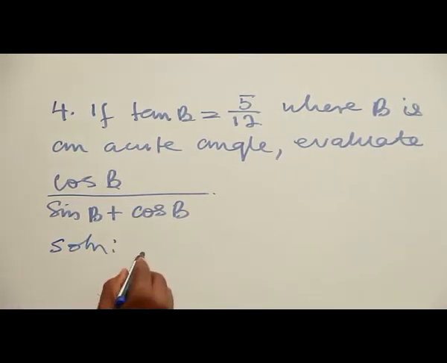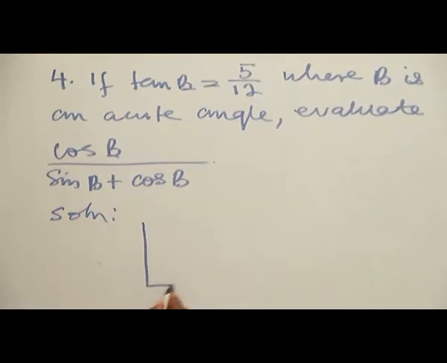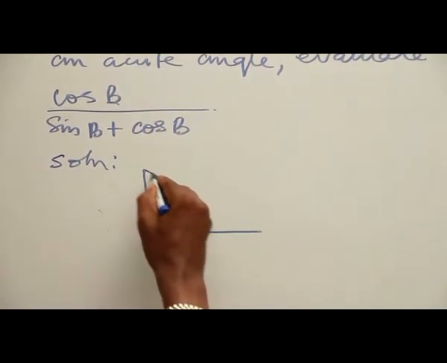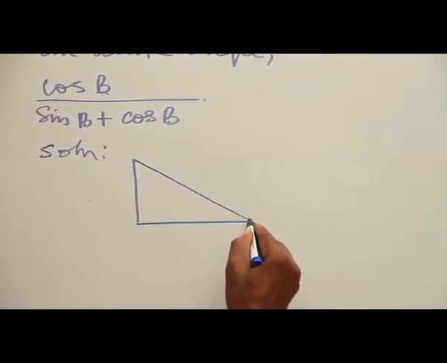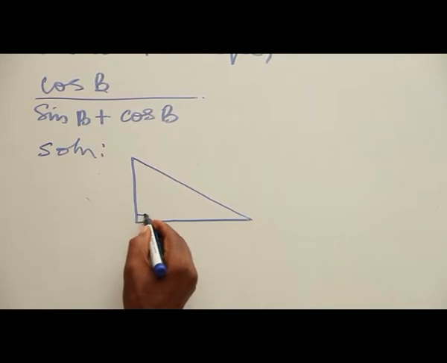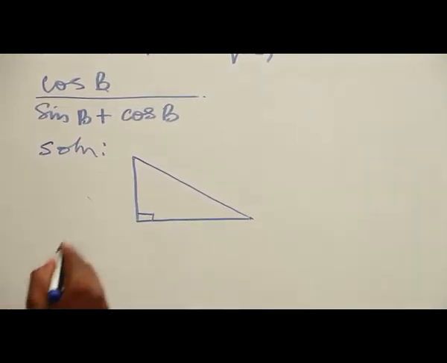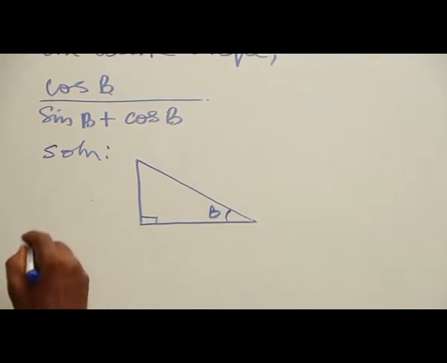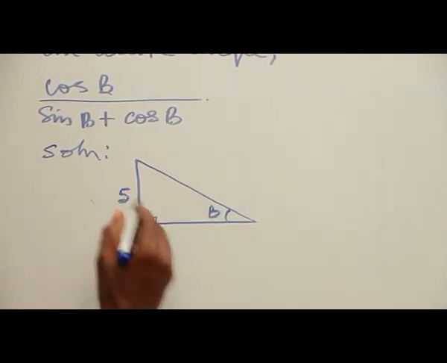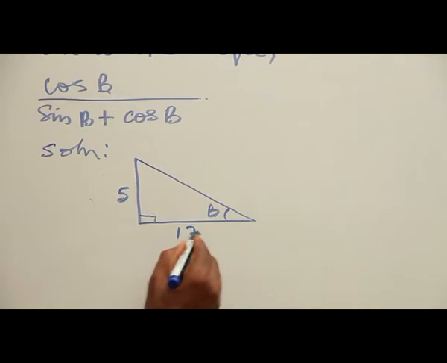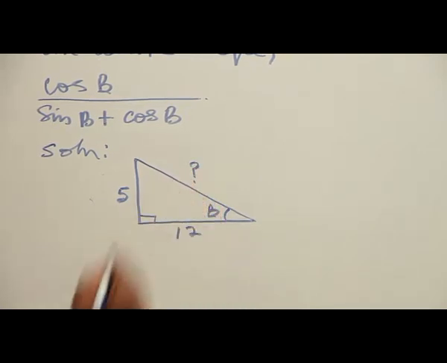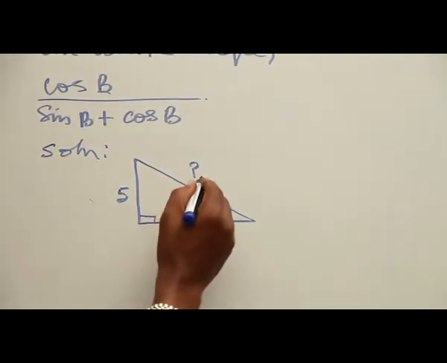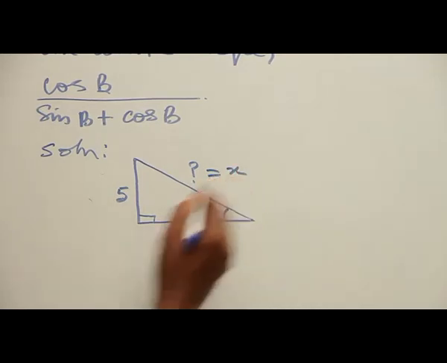Now, usually it is better to sketch a right angle triangle representing the information. And we have the angle B here. Tangent means opposite over adjacent. In other words, we need to find the hypotenuse. And let the hypotenuse in this case be S.